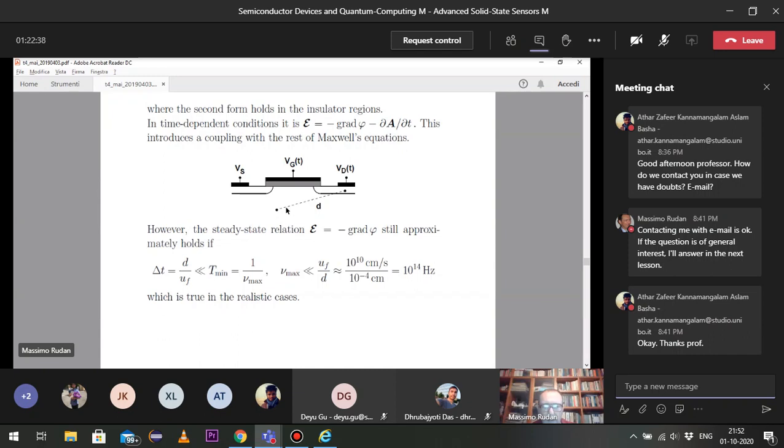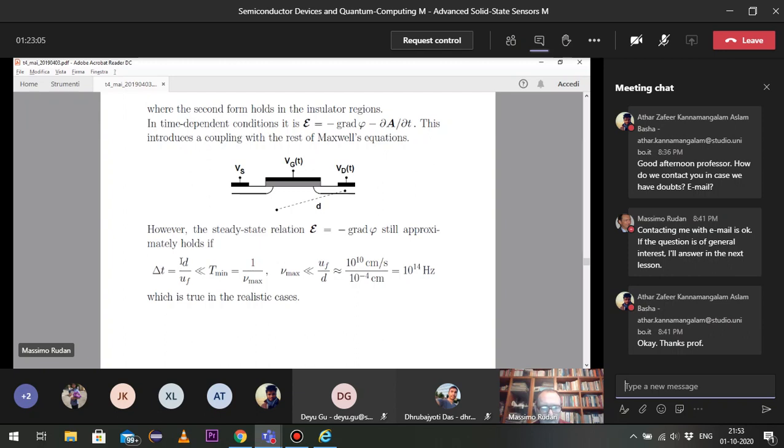So we can easily calculate the time that is necessary for this propagation to occur. So the internal point will understand with some delay that the potential at the drain contact has changed. What is this delay? Let's call it delta T.